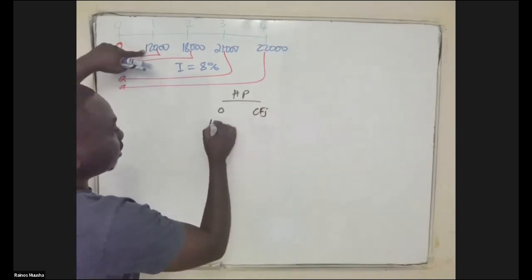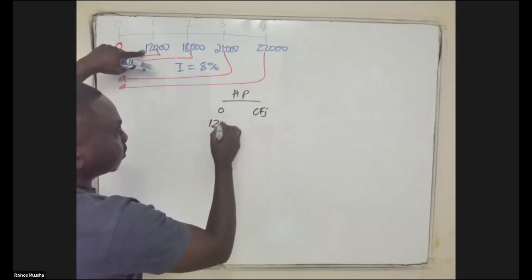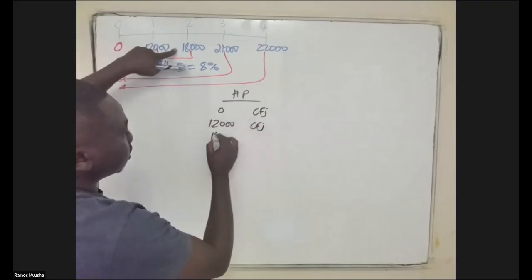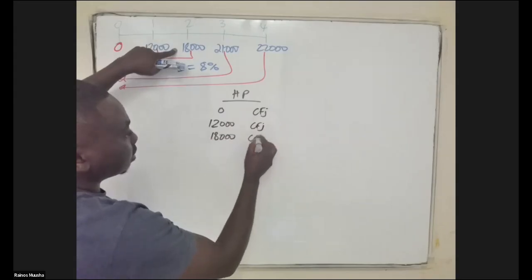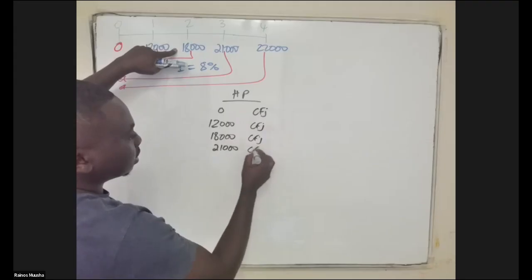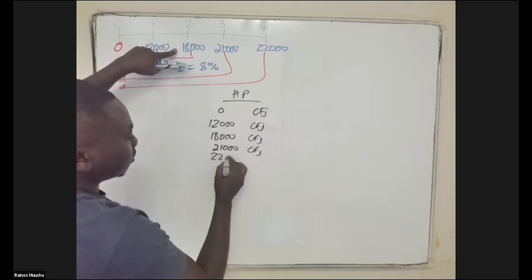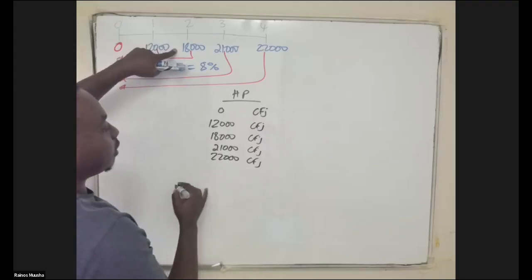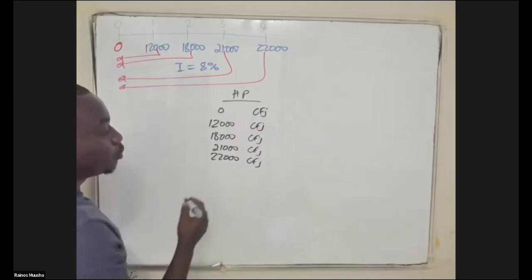For year 1, it's 12,000 CFJ. For year 2, it's 18,000 CFJ. Then 21,000 CFJ. Then 22,000 CFJ. So you've now entered the cash flows up to period 4.